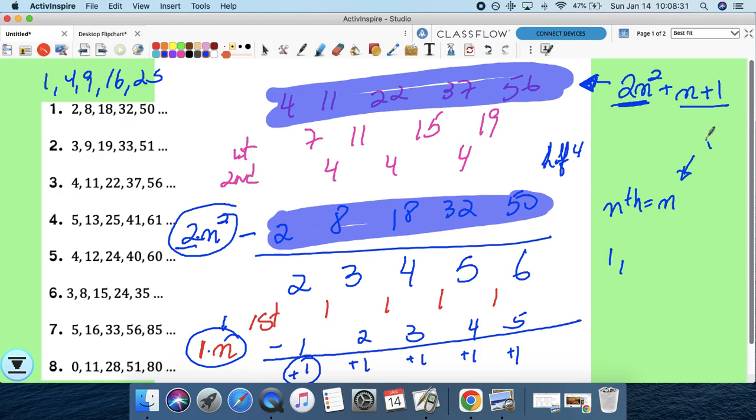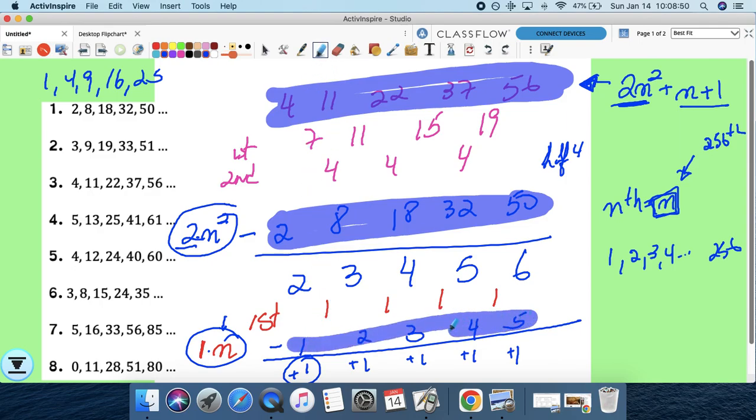What is the 256th term in this sequence, this being my nth term? Well, it'd just be 256. There's nothing else to do in there. We just substitute. So the second number in the sequence would be 2, the third would be 3, and 4, and so forth.